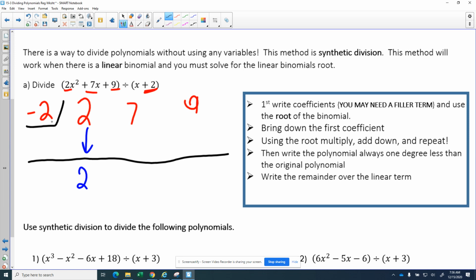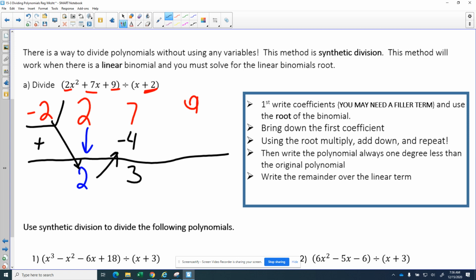So we're going to take the box number and the 2 and multiply them together. Negative 2 times 2 is negative 4. And as you can see, I write that over in the next spot over. At this point, this becomes an addition problem. Or in other words, 7 plus negative 4, which comes out to be positive 3.